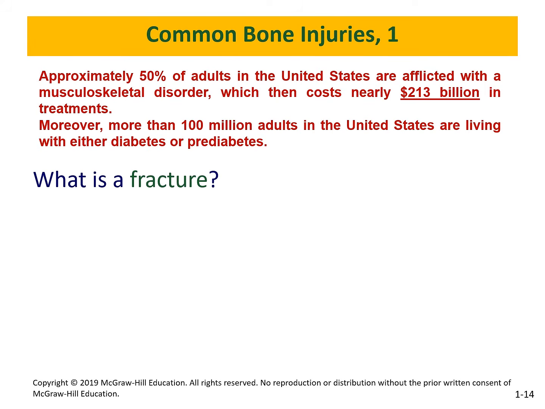Okay, let's talk about common bone injuries. So osteoporosis is a big problem, but we also need to talk about injuries themselves. 50% of adults in the United States are affected with a musculoskeletal disorder. We talked about that. 200 billion is the treatment cost, and 100 million people in the United States are living with diabetes or pre-diabetes. All of this means we'll have people with more fractures.